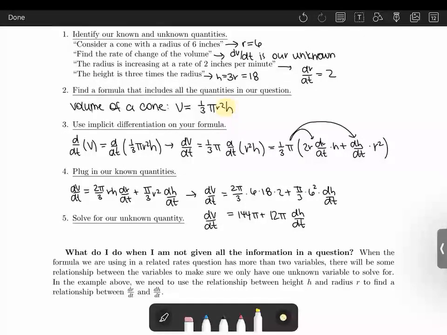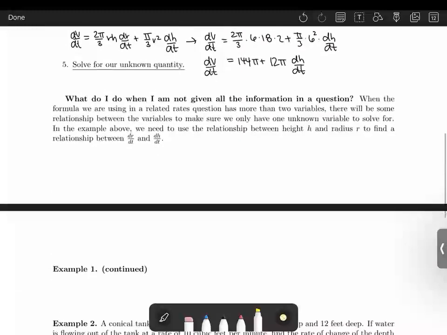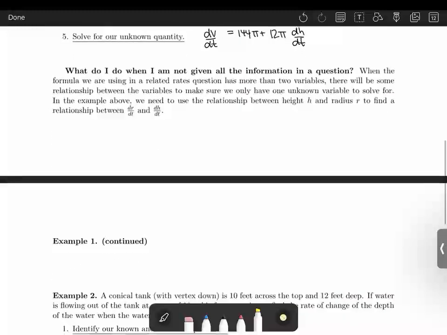So in particular, we can look back at this last clause from our identification of knowns and unknowns. And we can see that, oh okay, I have that my height is 3 times my radius. So that is going to tell me something. So if we come down here and we can keep going.